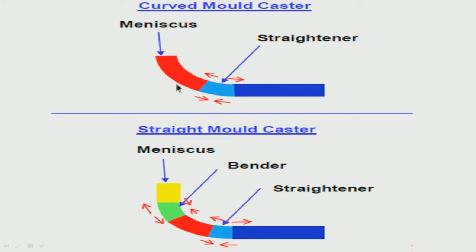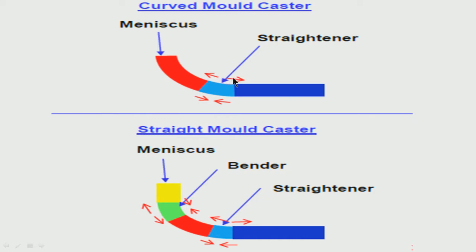Then for a curved mold only straightening is necessary to make it horizontal. But if you have a totally vertical mold, then what happens? First it has to be bent, then it has to be straightened. So, there is a bending, there is a straightening.